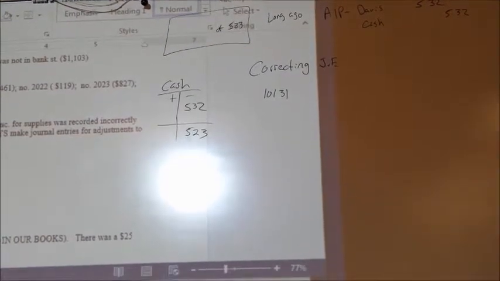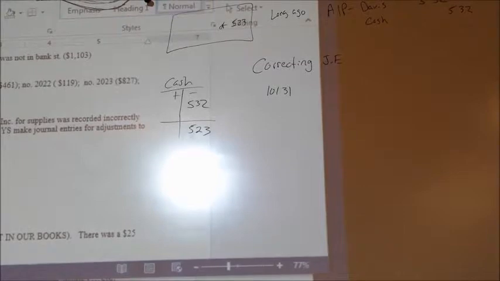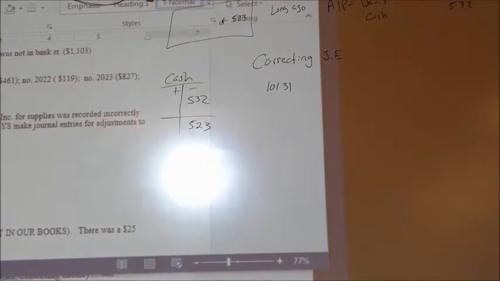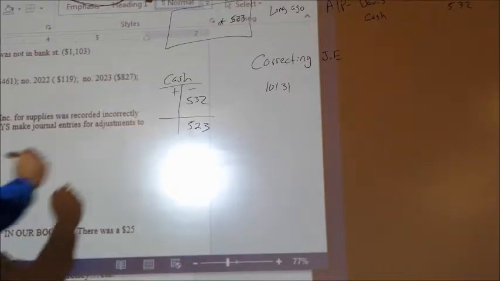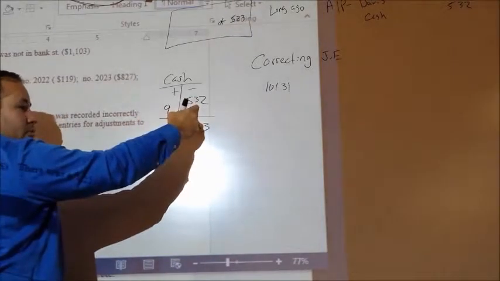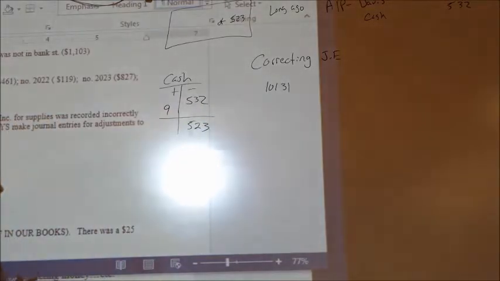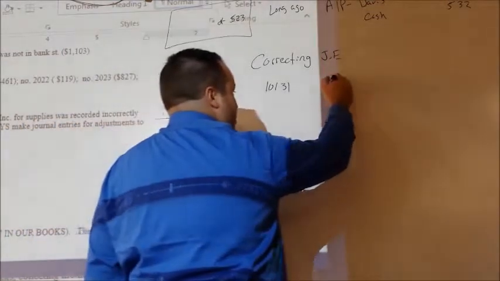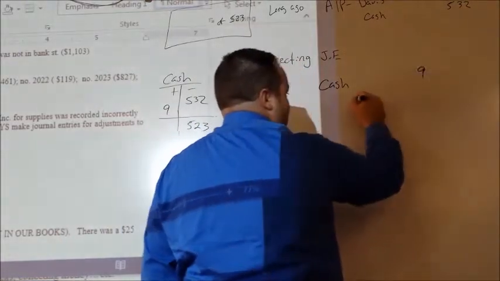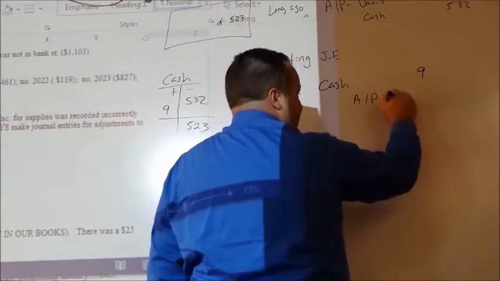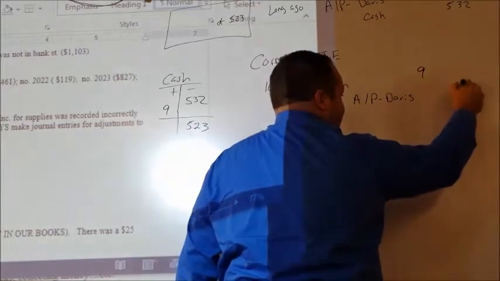How do I go from that $532 to $523 on the cash paid side? Take away $9, or debit $9. Yeah, I'm going to debit. I'm going to add back $9. I took out too much. So my correcting entry is going to show debit to cash for $9 and put back on Davis's bill $9.